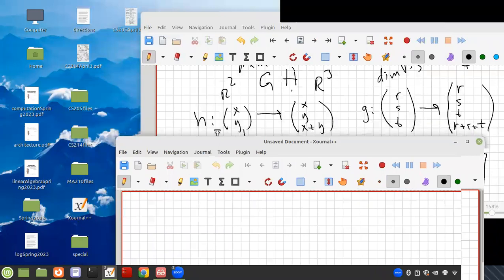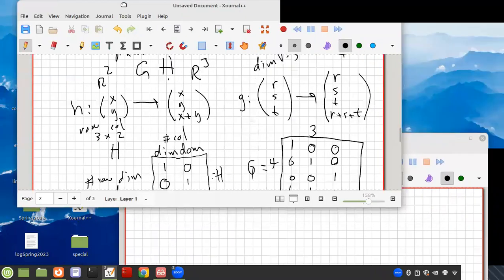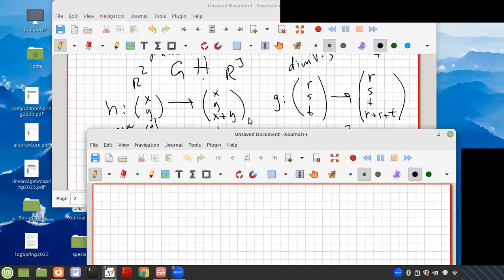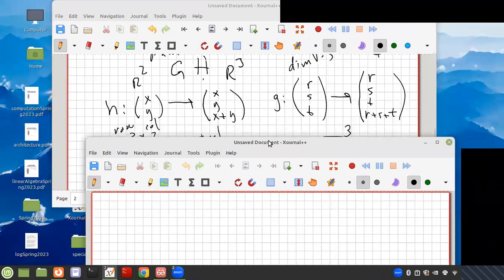Okay, so down here, what I want to do is show you how, let's compose these two maps, right? As maps. So we want to do G circle H of X, Y. It's going to act on this vector here.